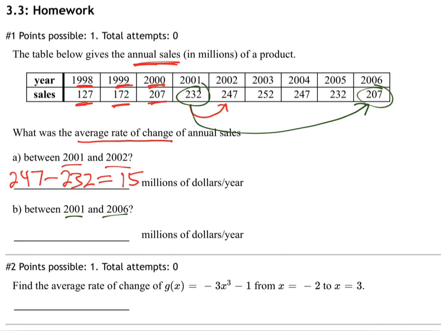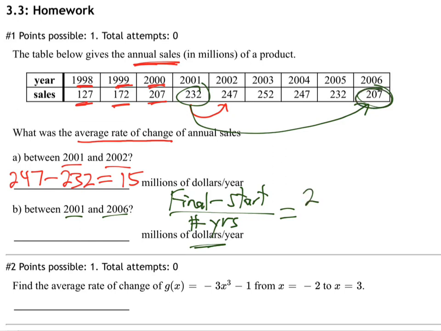We have to take the final minus the start, over the number of years. Why? Because they're asking how many dollars per year. So the final sale, in 2006, their sales were 207. Subtract what they started at in 2001, 232.